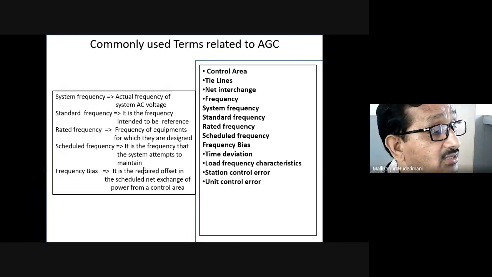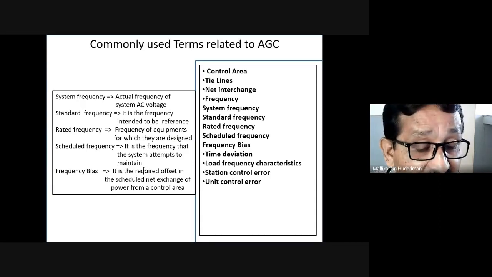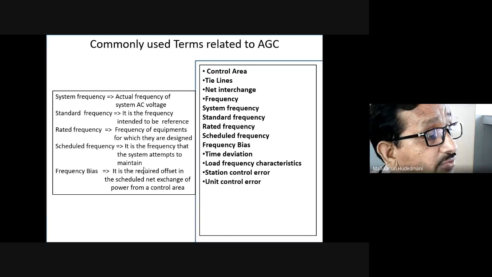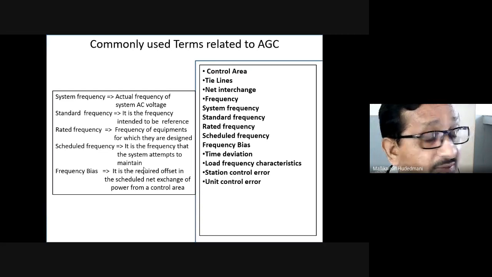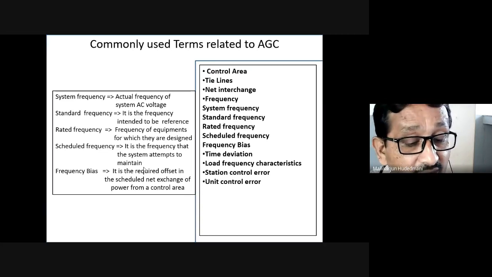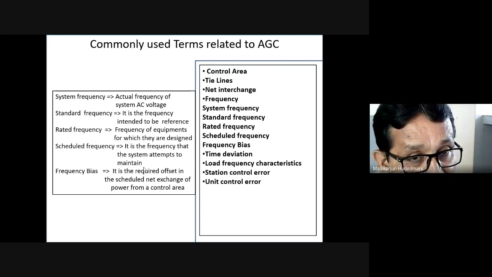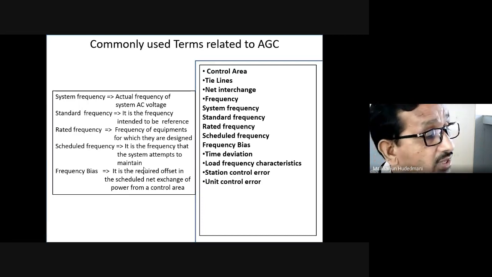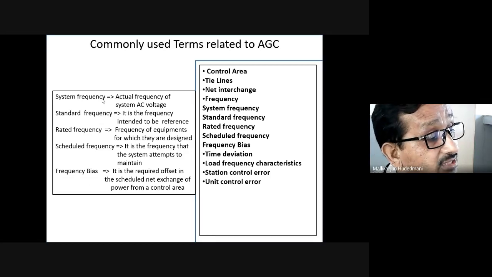At that time, your standard frequency stands at 50, and the actual frequency stands at 49.5 or 49, which is the system frequency and scheduled frequency. In this regard, frequency within a small narrow width of control can be categorized into these many by definition.